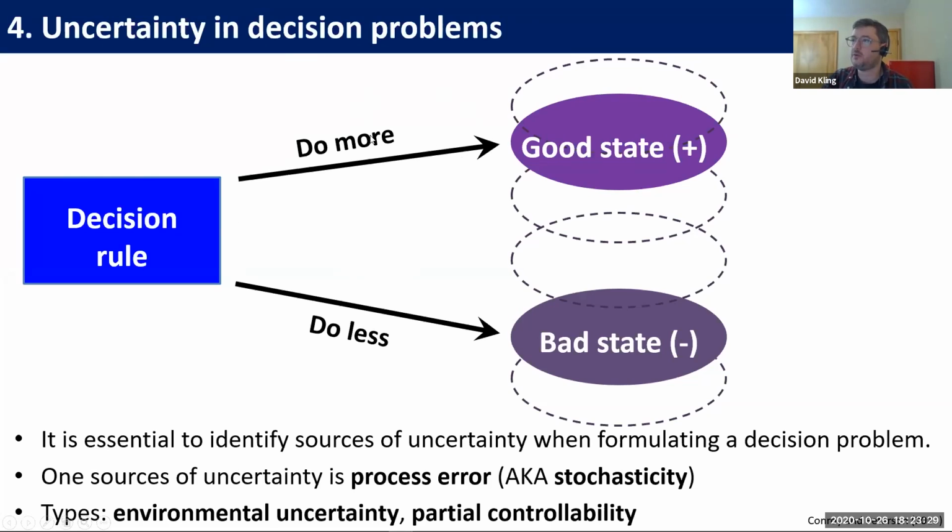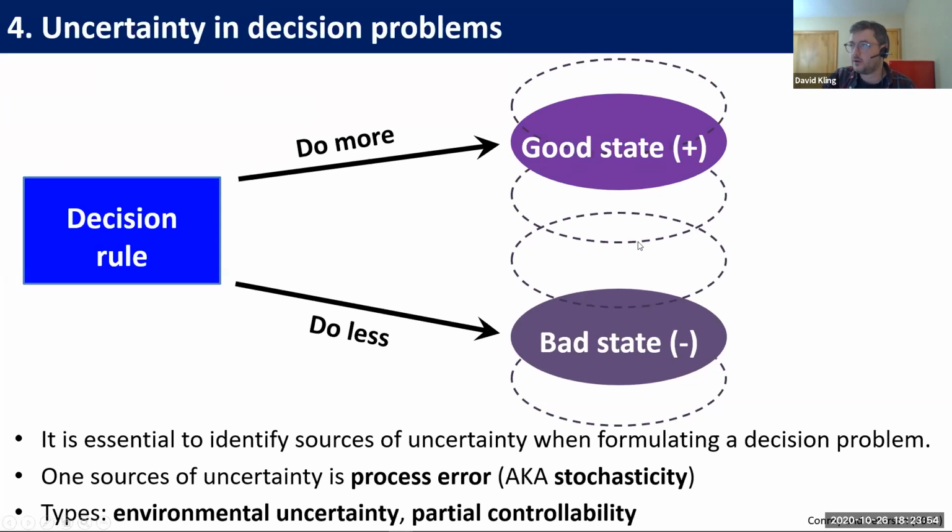And your model of outcomes for your application says, if I do something, that's going to lead to a good state. If I do nothing, a less good or a bad state will arise. We can think of lots of examples that have that basic structure.